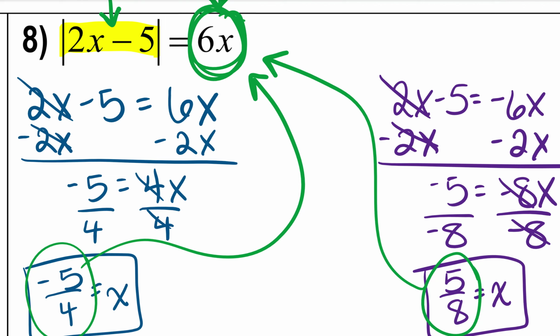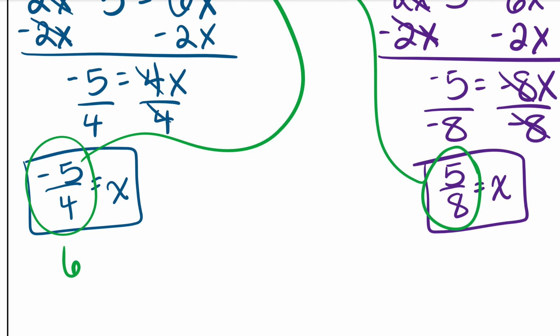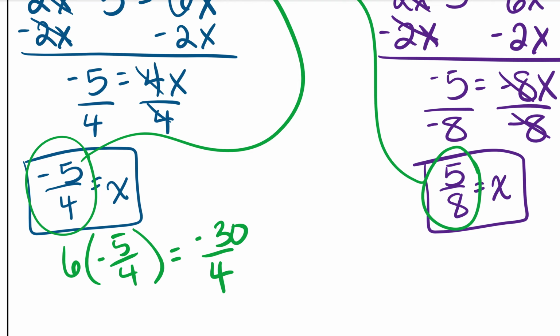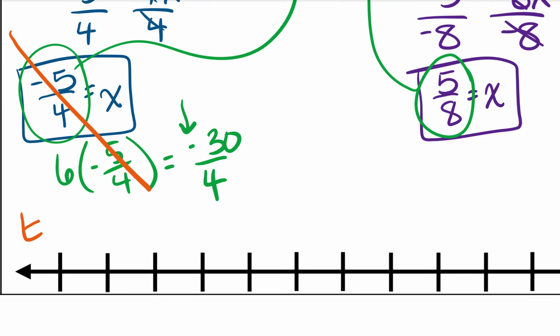We can't use it. So if I plug my left one, 6 times negative 5/4, right? That would give me negative 30 over 4. I don't care about reducing. My only focus here is that this becomes negative. I can't have that. Therefore, this number is not valid. It's not a real answer. It's called extraneous.